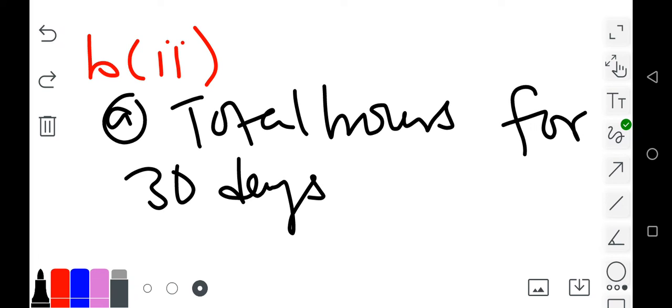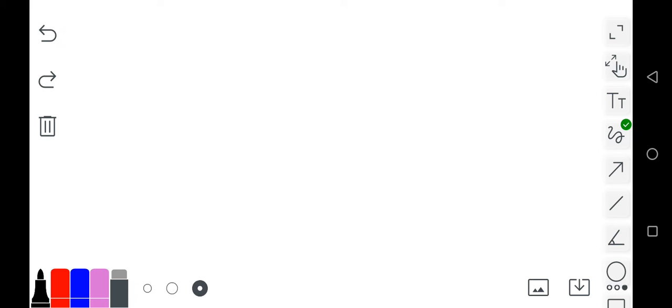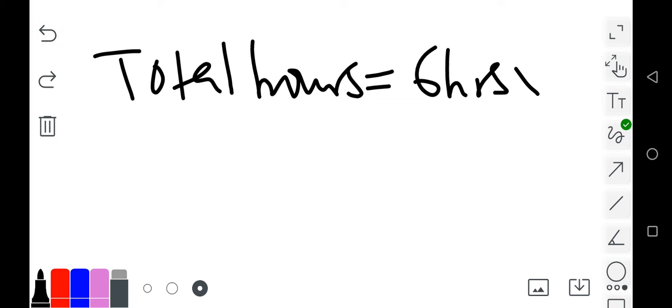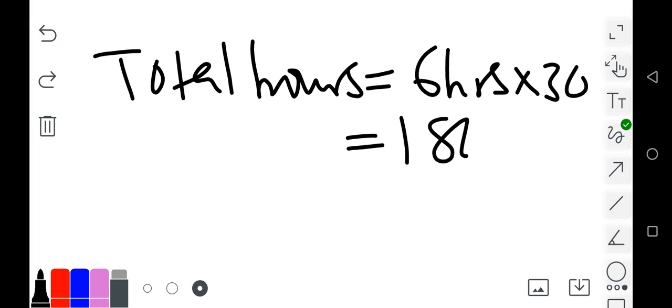We know that per day it is 6 hours, so the total hours is just 6 hours multiplied by 30, which is our total days, and that will give you 180 hours. Okay.